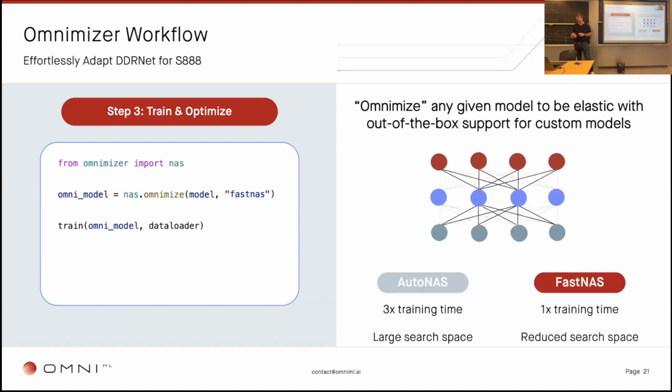And also, if you just want to do quicker experiments or training for long is not an option for you, some training tasks take a week or 3 weeks, then at that point it gets tricky to wait that long. If it's just 1 day, if you want to wait for 3 days, I guess that's fine. But essentially, it comes at the cost of a reduced search space. And no matter what you choose, it's just this one-line change, and then you train it, and it gets you a trained search space or a trained model that you can then specialize for your deployment.